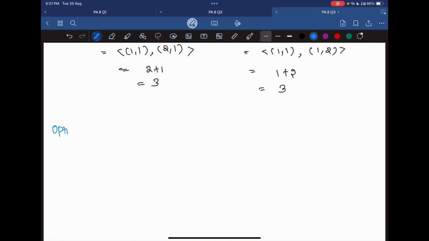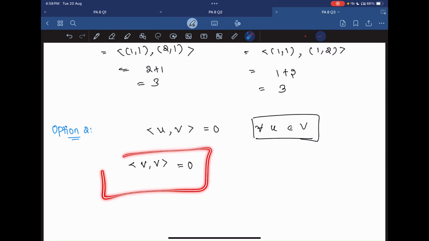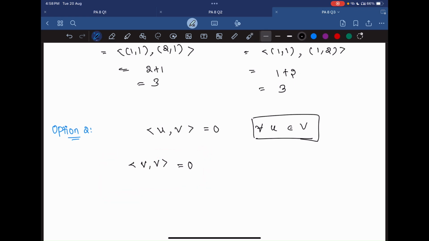So for option 2, we are given that the inner product between U and V is equal to 0 for all U in the vector space V. So that means if we take the inner product of V with itself, that would also be 0. And we know that this can only happen when our V, small v, is 0.